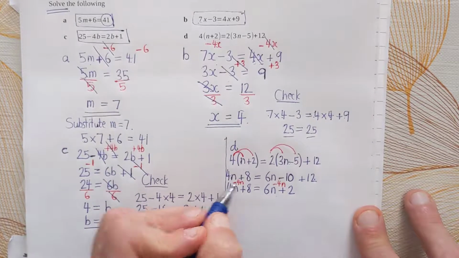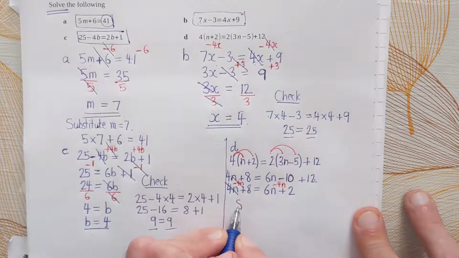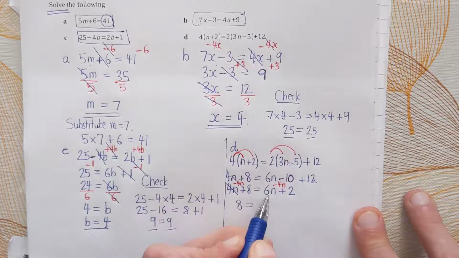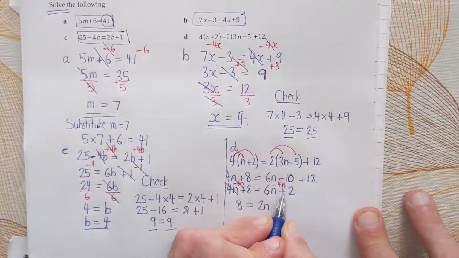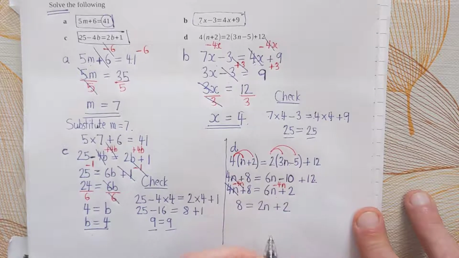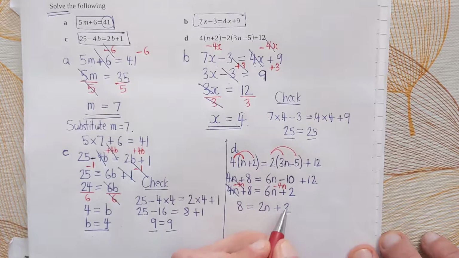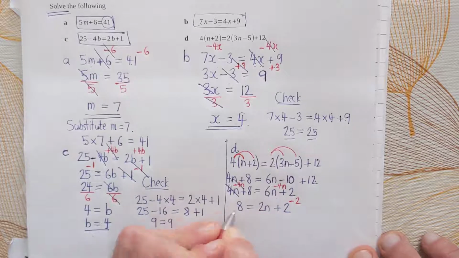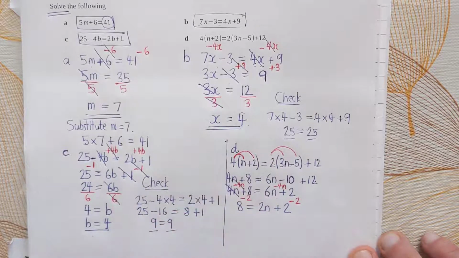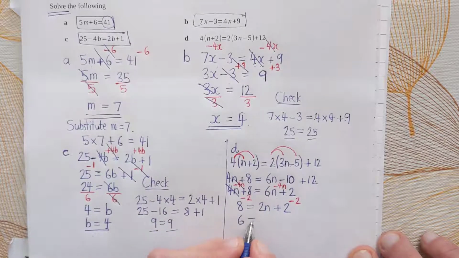So 4n, take away 4n, vanishes, and we're left with plus 8, which is just 8. 6n, take away 4n, leaves us with 2n, and plus 2 on the end. We've got to cancel this 2 first, and then the other one. So plus 2 means you do minus 2. So 8, take away 2, 6, equals 2n.